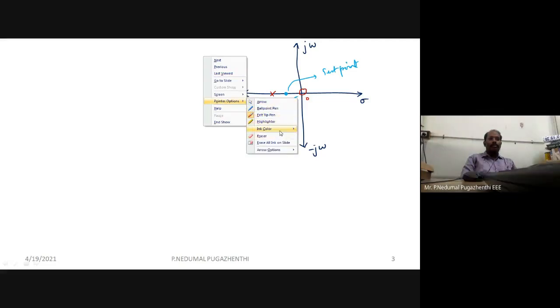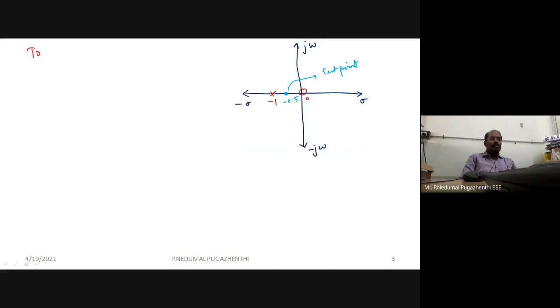If I am choosing a test point at s is equal to minus 0.5, then to the right side of the test point, s is equal to minus 0.5, the number of poles and zeros is 1.